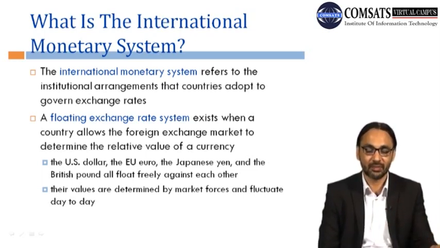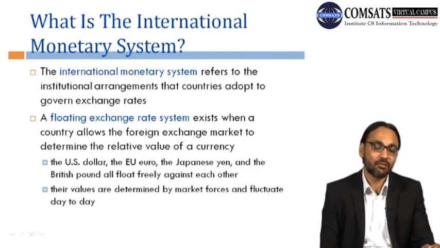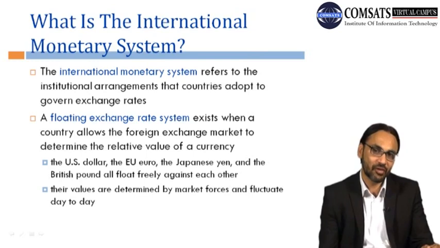The first way is the floating exchange rate system. It exists when a country allows the foreign exchange market to determine the relative value of the currency. In the floating exchange rate, the price of any foreign currency is determined by market forces.